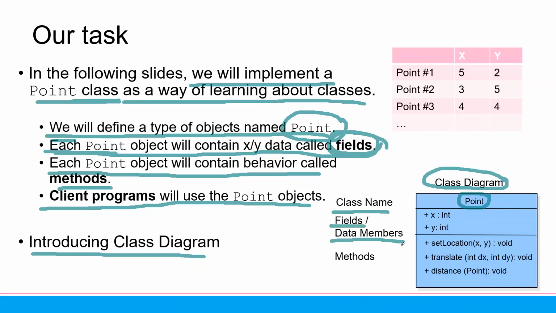Some other literatures call it data members. We can use fields. How many fields do we have? In this case, in a point, we have two, which are X and Y. So I'm declaring X, which is an integer, and then I'm also using Y, which is an integer.